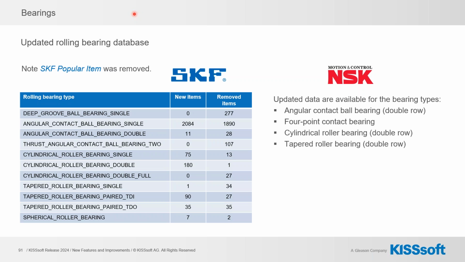Rolling bearing databases are provided to us by the manufacturers, for example, SKF and NSK, and it's a continuous work for us to update it and to provide it for you as users to have updated bearing lists.